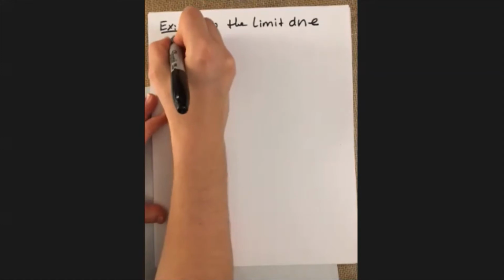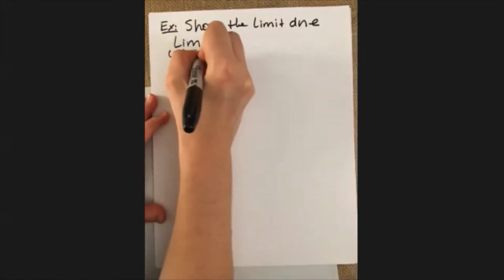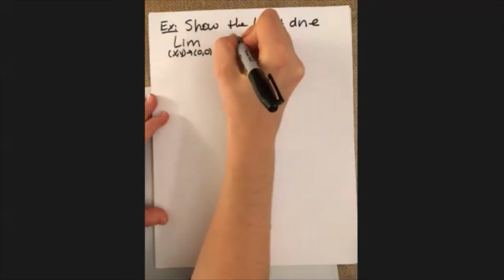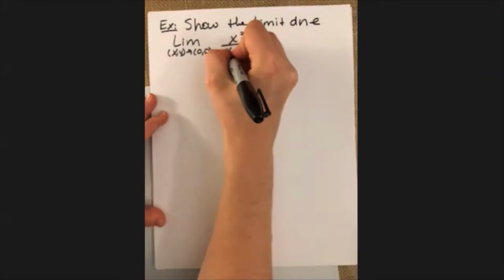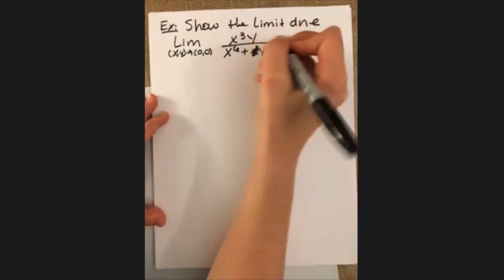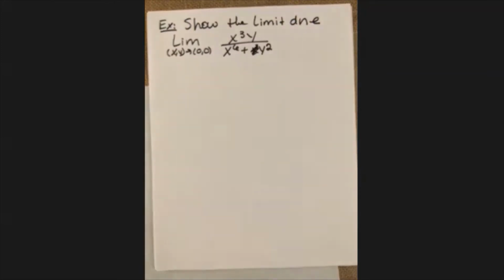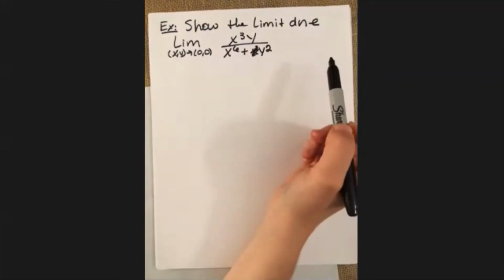So if we have the limit as x and y approach 0, 0 of x cubed times y over x to the 6th plus y squared, we have some red flags right off the bat because we're dividing by 0.